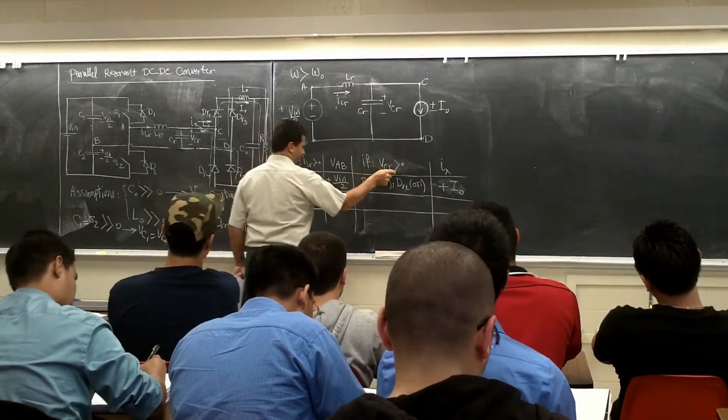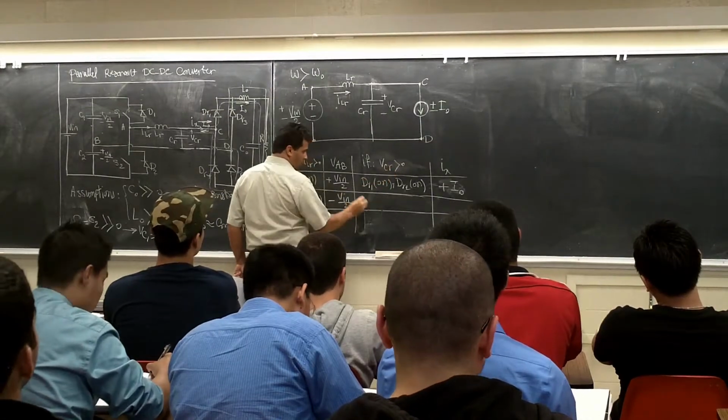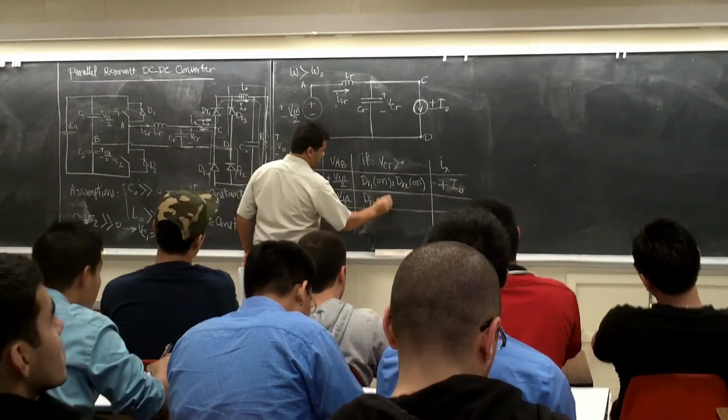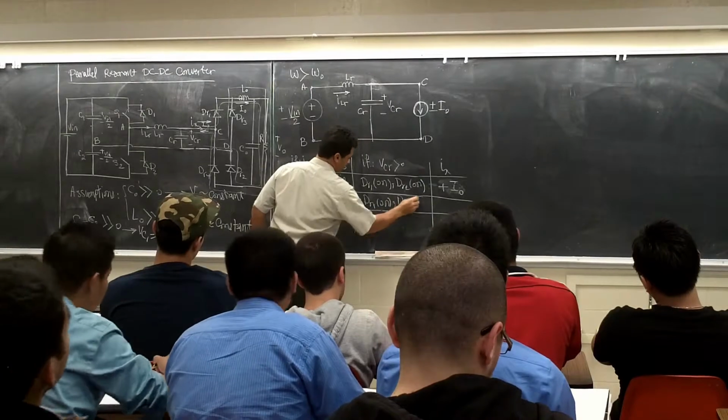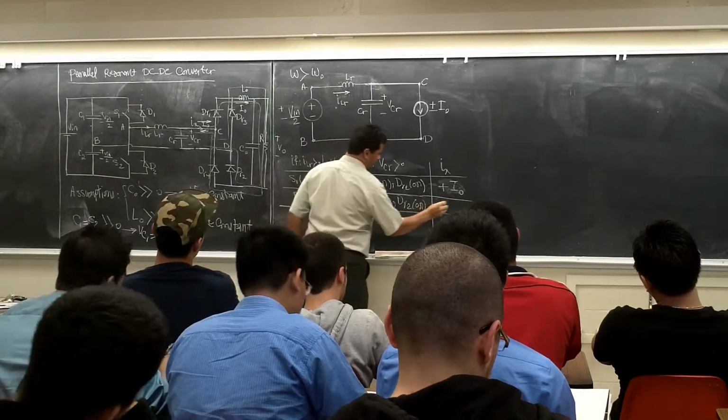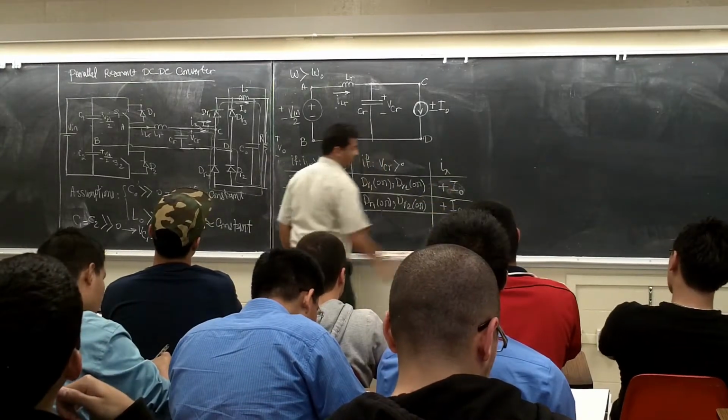Again, if VCR is positive, DR1 is on for both cases, and DR2 is on, and IX is again positive I0, right?